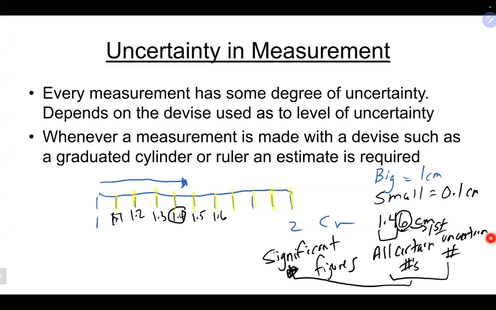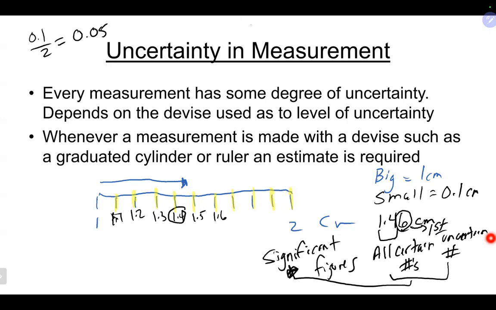Now, typically speaking, we could take the measurement to one more place to the right of the smallest marking. Some people calculate the precision of this instrument by taking the smallest marking and dividing it by 2. So in this case, the smallest marking is 0.1. If we divide it by 2, we get 0.05.